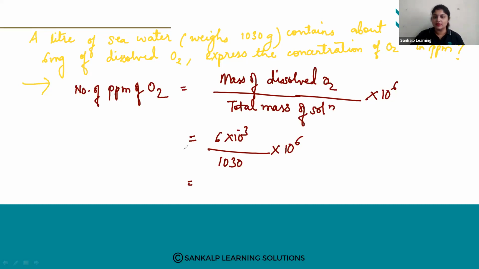Did you solve? It comes to 5.82 ppm. This is the way you're going to solve it. So this is about ppm.